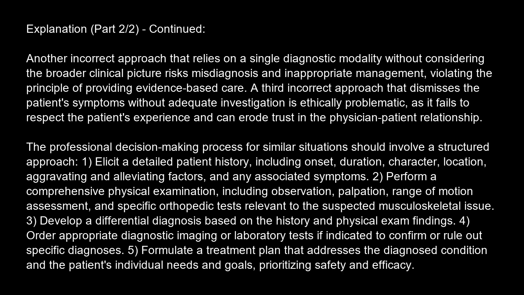Develop a differential diagnosis based on the history and physical exam findings. 4. Order appropriate diagnostic imaging or laboratory tests if indicated to confirm or rule out specific diagnoses. 5. Formulate a treatment plan that addresses the diagnosed condition and the patient's individual needs and goals, prioritizing safety and efficacy.